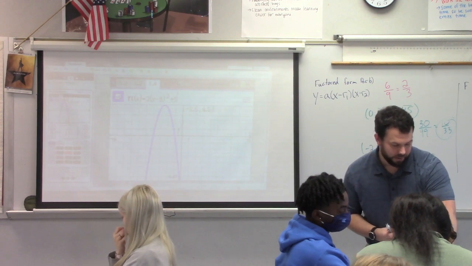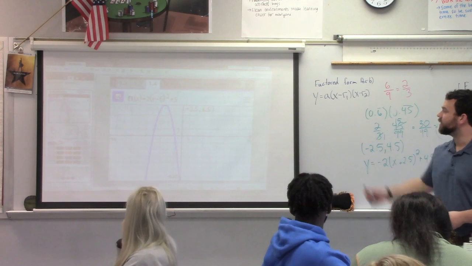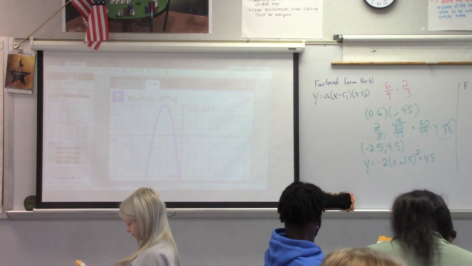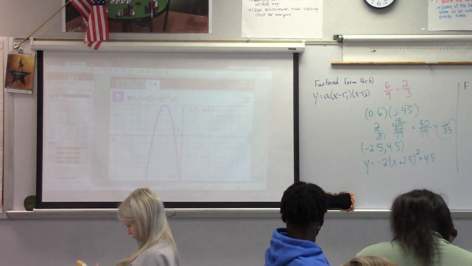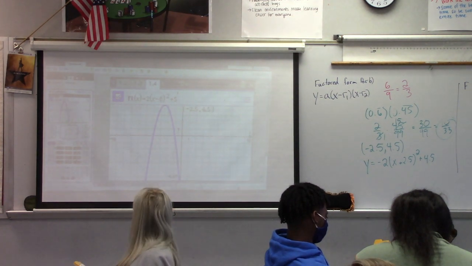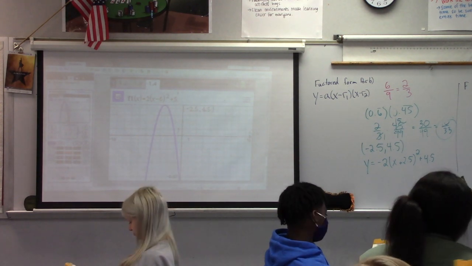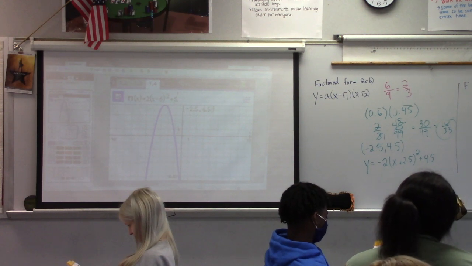Just delete the previous equation and type in this equation there. What did you go to? I went to graph and then I did different equation. No, not diff EQ. Function, you're graphing a function. Scroll up, delete the previous one, and add this new one in there.